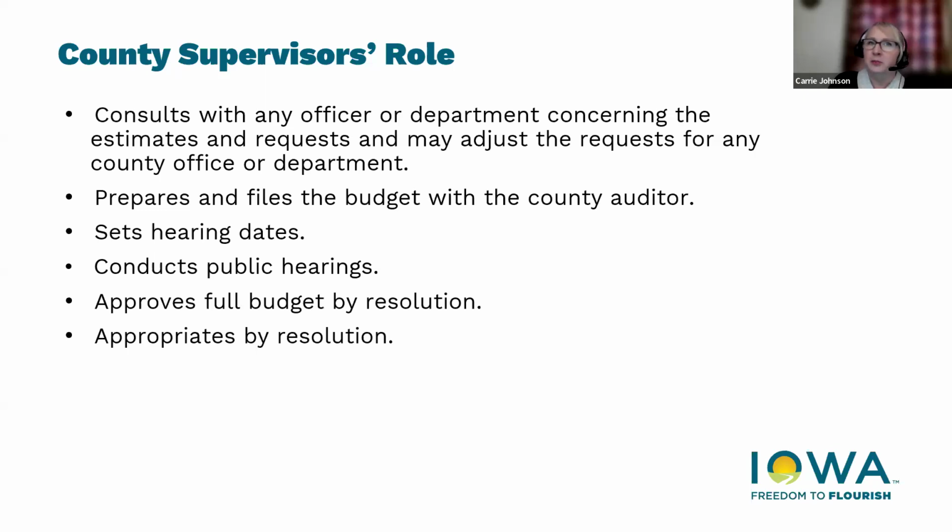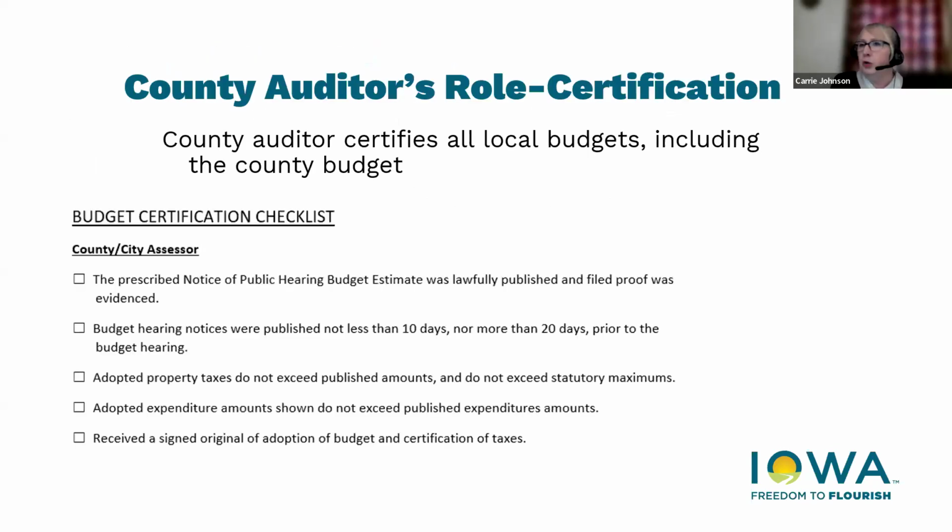And there's not statutory specificity on those resolutions. So you may see a little bit of variation between counties as far as how much detail is in those appropriations resolutions. And so if you have questions, it's probably always a fair opportunity to reach out to other counties and look for some examples on those resolutions.